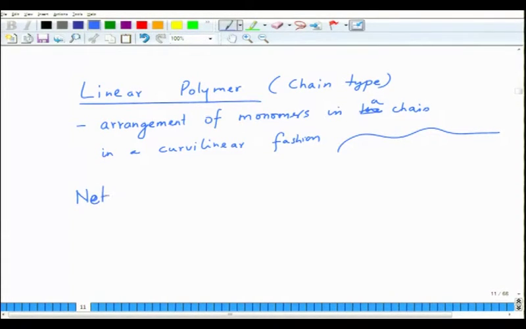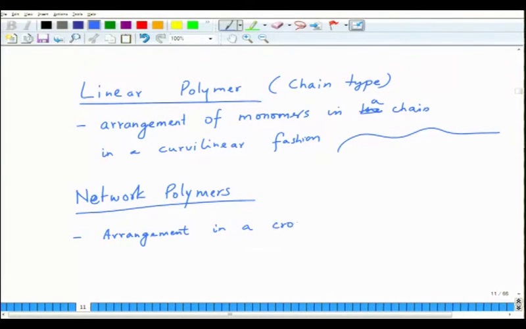network polymers. These network polymers have an arrangement of monomers in a cross network in 3D.